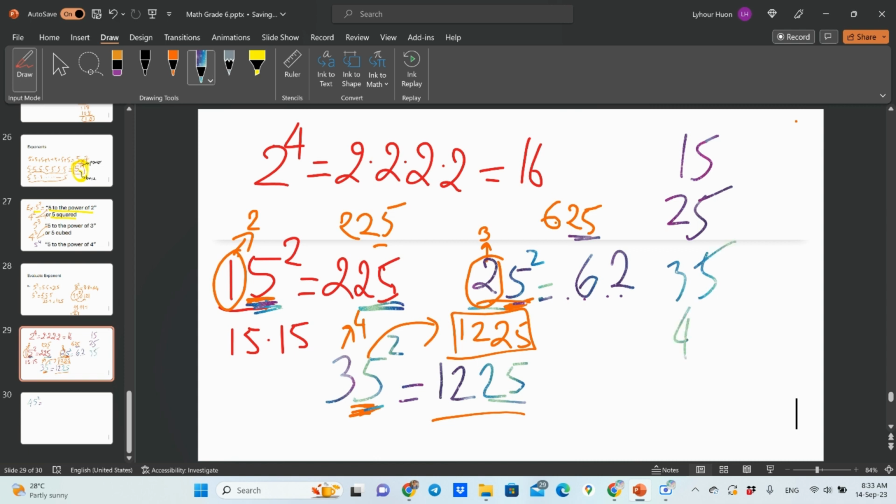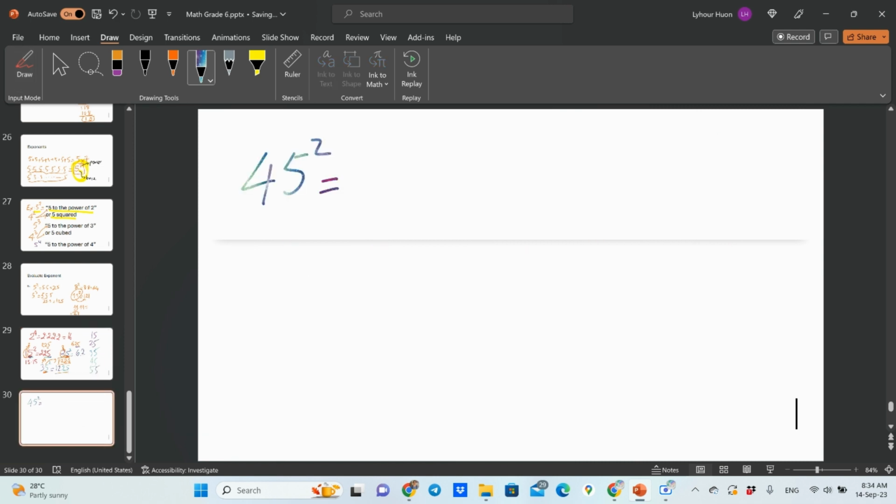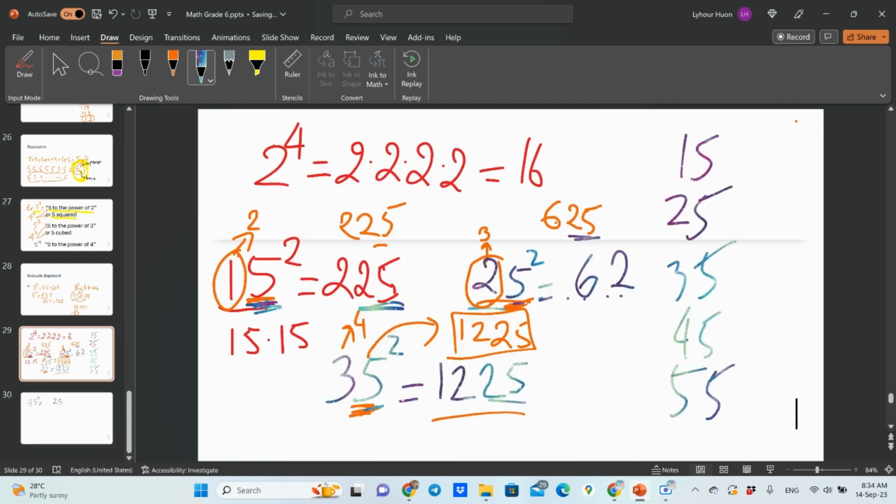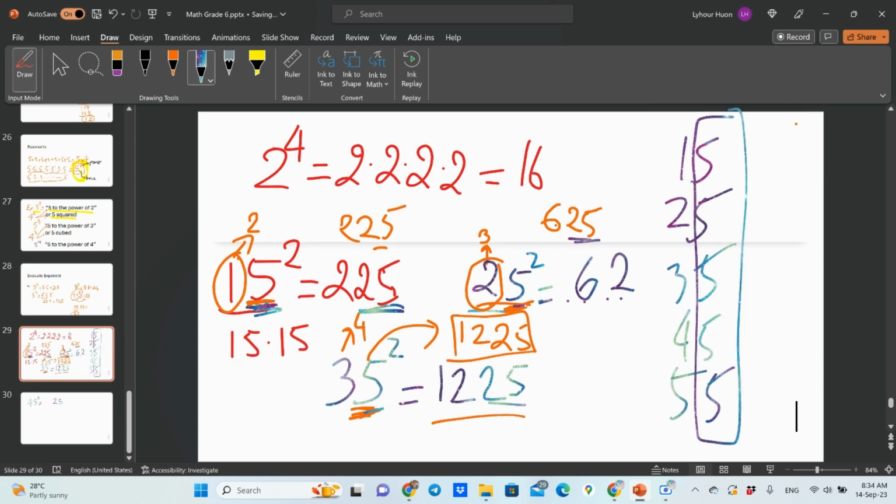So the result of their square always ends with 25. It always ends with 25? Yes, always ends with 25, for a number that ends with 5. Do you get it?